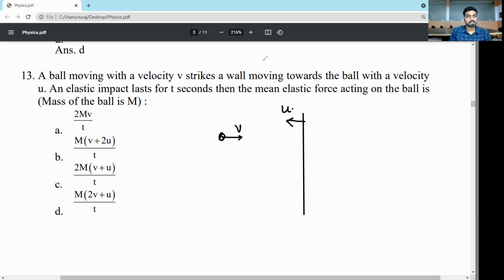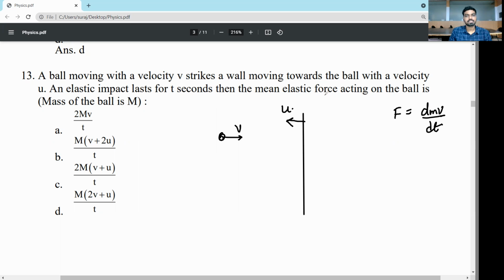elastic force they are asking. First, elastic impact is that. What is force? d(mv) by dt. Now elastic collision is happening for t seconds.